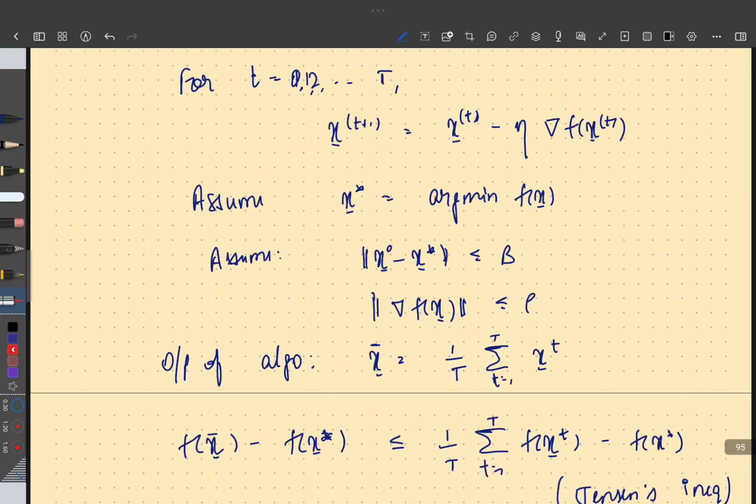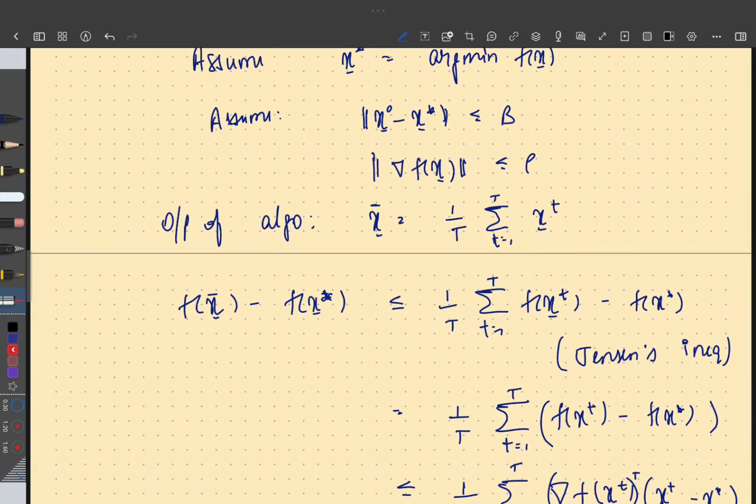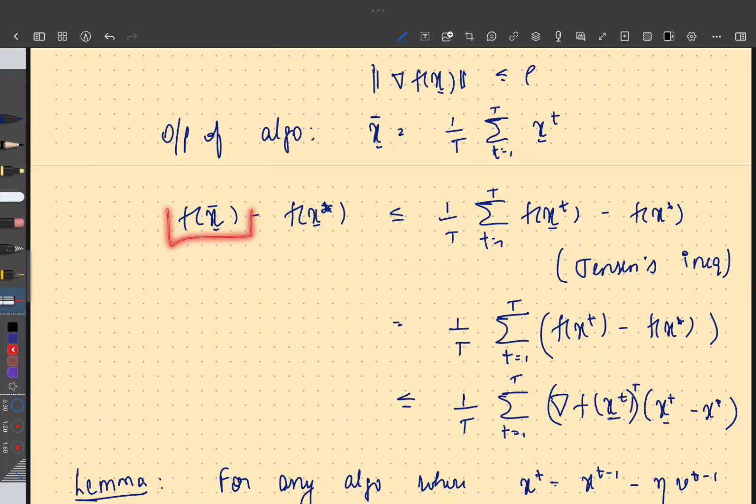But why are we taking the average here? We are taking the average just because it makes the analysis of gradient descent easier. F of x bar is less than or equal to this, so it's purely for this particular step.